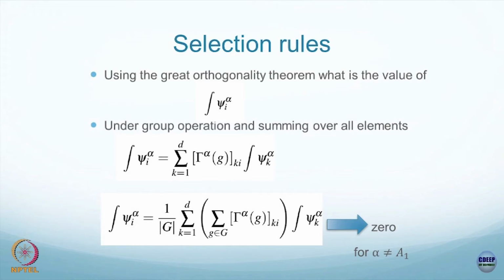But I have also taught you that whenever it has a group symmetry like C3V or any group symmetry like C2, you are allowed to do a group operation on a state belonging to an irrep. If it is a one dimensional irrep, it will be a constant times itself.